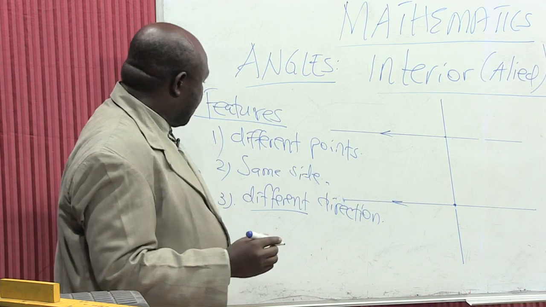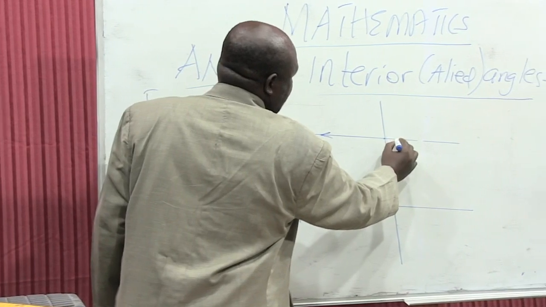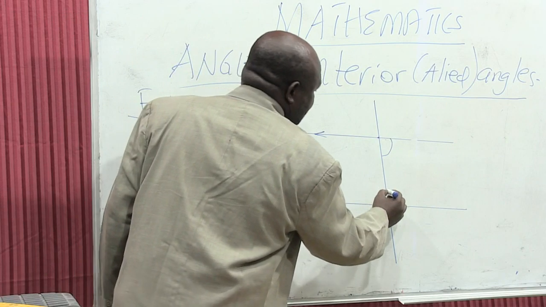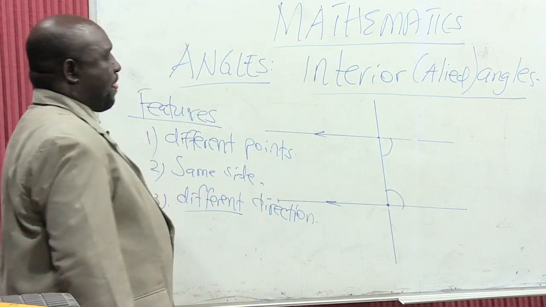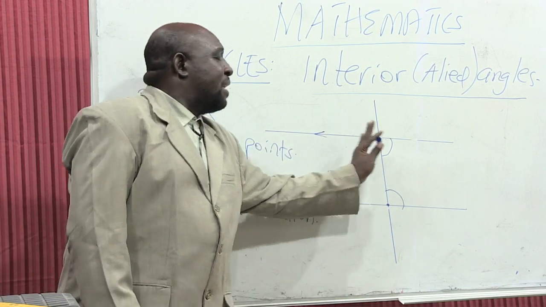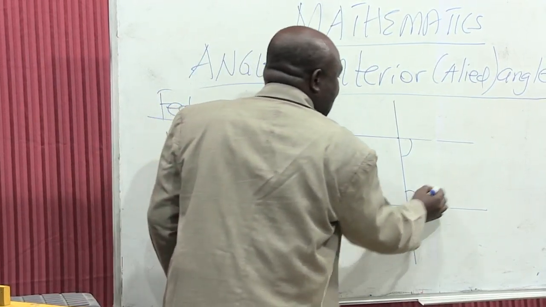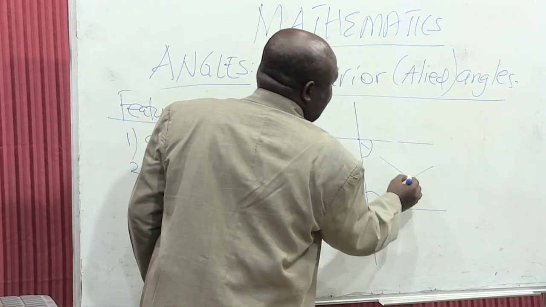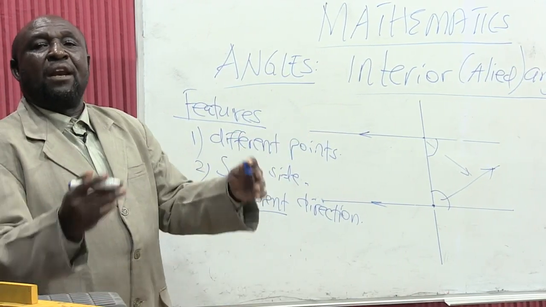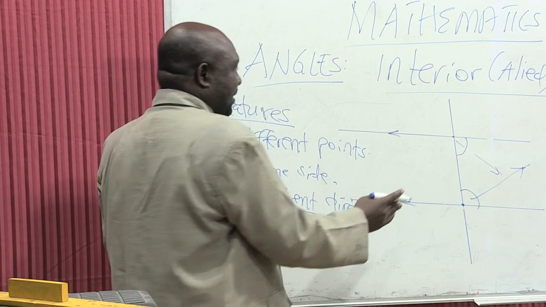For example, this angle here and this angle here: different points, same side, but the direction of this angle is this, and this angle's direction is that way. The direction is not the same, and also it's not opposite, but it is different.